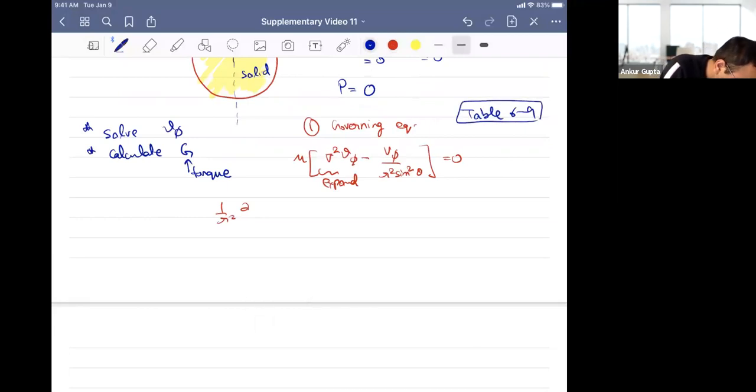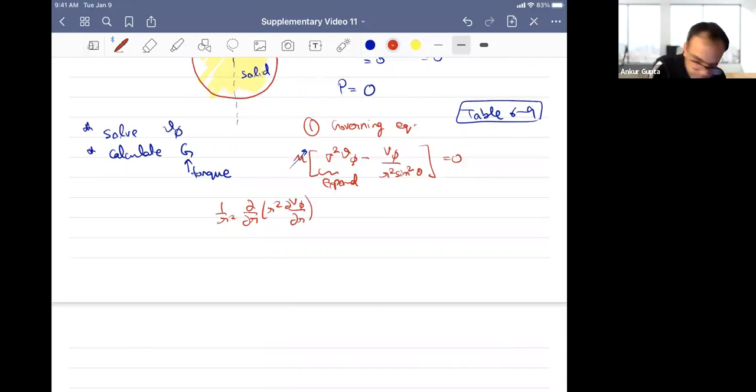So 1 by r square del by del r. So mu does not matter because basically this is 0. So simply we'll go directly to the Laplace term. Del by del r square del v phi by del r. Okay.